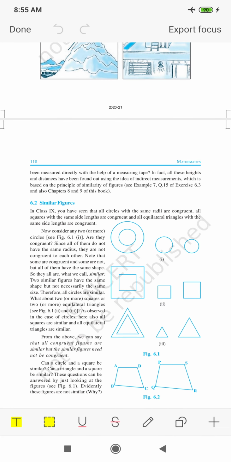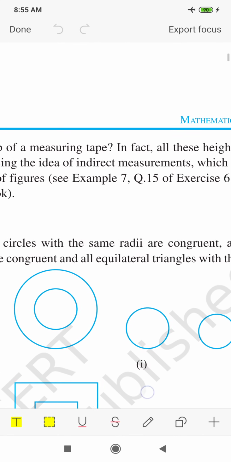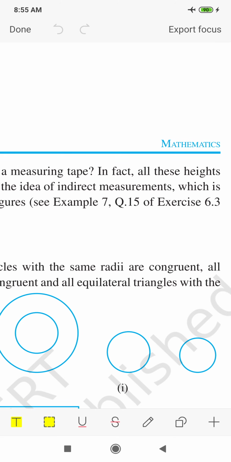Similar figures. See, there are four circles: first, second, third and fourth. These four circles are similar to each other because they have the same shape but different sizes.